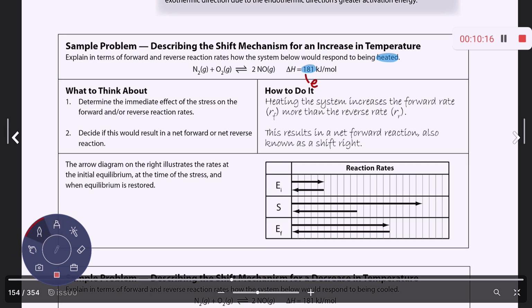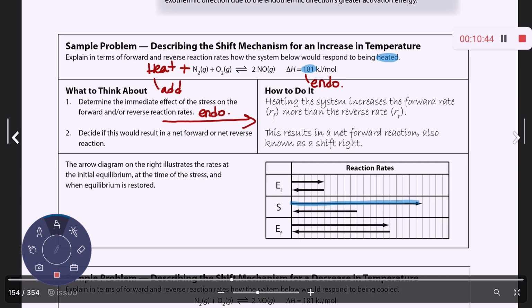This is endo. That means heat is a reactant and we're adding more. So the endothermic direction is affected more when we increase the temperature. So since left to right is endo, that means you are going to increase that forward rate significantly more by increasing the temperature than you are the reverse rate, okay?